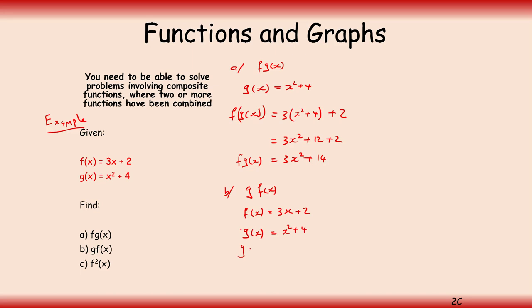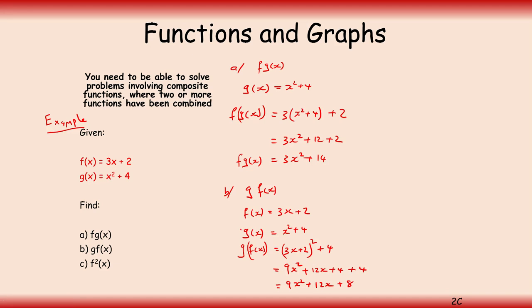So g of f of x is going to be equal to, wherever I've got x, I sub in f of x. So it becomes 3x plus 2 squared plus 4, which is going to be equal to 9x squared plus 12x plus 4, plus the 4 on the end. So that's 9x squared plus 12x plus 8.